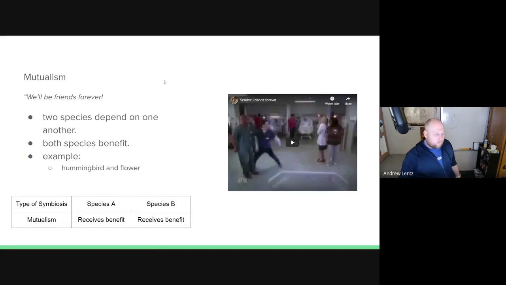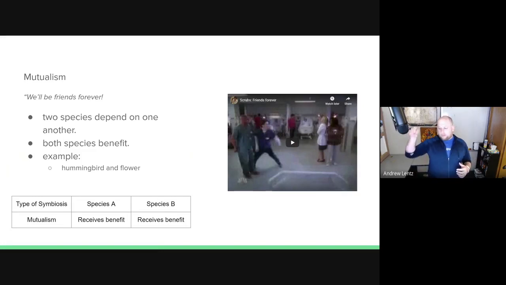So mutualism is the idea that we're going to be friends forever. It is mutually beneficial for these two species to work with each other. A great example is a hummingbird. A hummingbird pollinates flowers. The hummingbird eats the pollen, but then the flower gets pollinated, which allows it to reproduce.